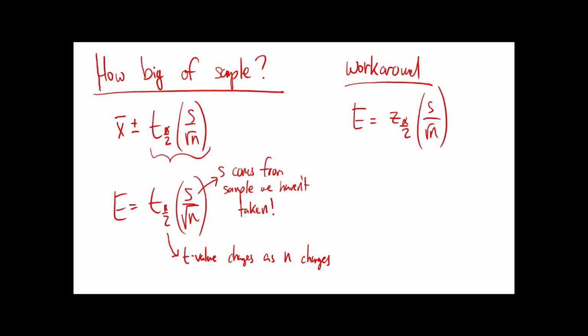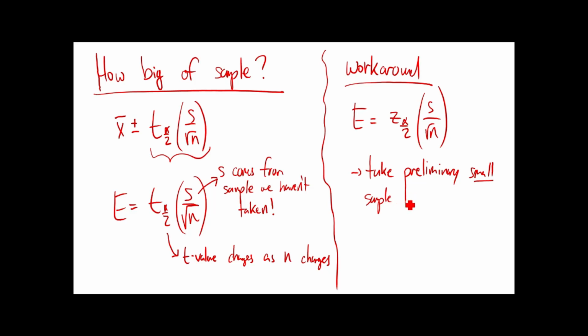So the way we work around this is we say, okay, let's use the z-value because it's fixed. And then what we'll do is you take sort of a preliminary small sample to estimate that S. That's the way we typically do it.